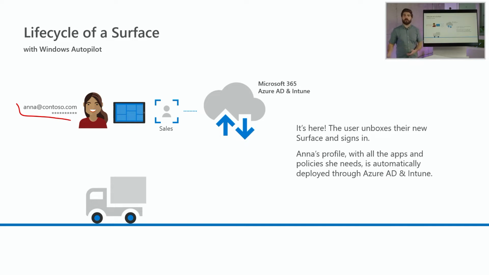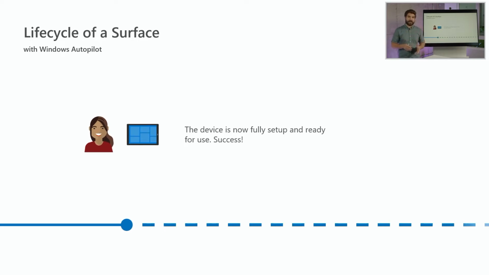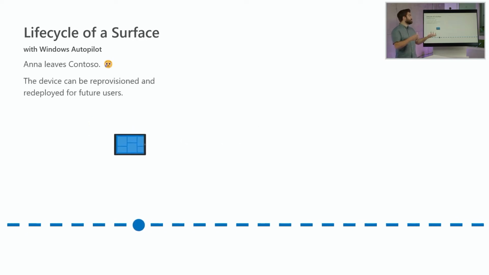Her deployment profile has already been pre-uploaded via the cloud, and over the course of a few minutes to an hour or two, depending on the level of applications and the different kinds of applications that Anna needs for her job, she will be ready to up and run and begin her long and happy career at Kintoso just like that, without ever having to set foot in the office, without ever having to have an IT administrator directly have hands on her device. Until, of course, Anna leaves Kintoso.